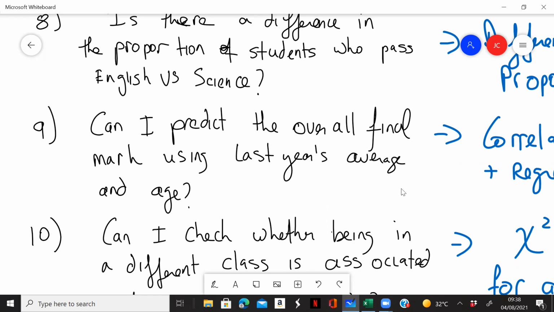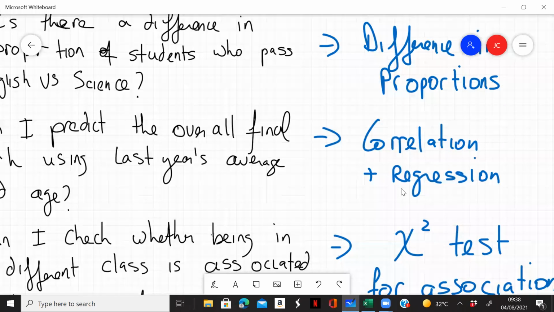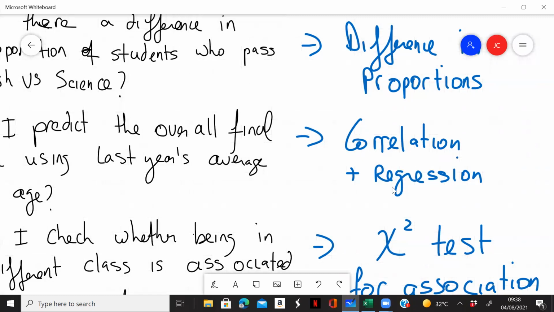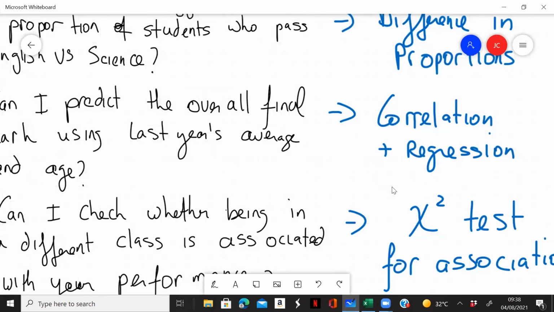So basically, in a nutshell, we are dealing with correlation and regression. Very important, and I'll show you how not to, because these have big formulas. So what I'm really concerned with is what they mean, what the answers mean, and how to really understand if your answers make sense, if they have statistical significance.